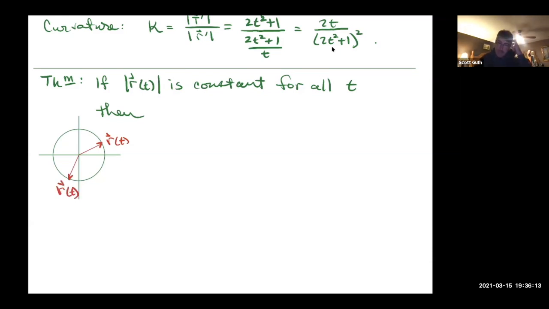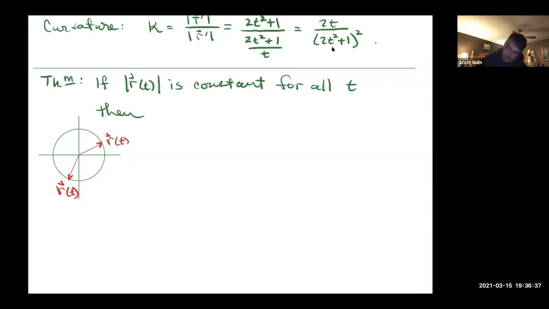The magnitude is the radius of the circle, and so what we're just saying is the distance from the origin is a fixed length, and that's just the definition of a circle or a sphere. Now, I'm not saying if you're on a sphere, the curve is the sphere. It's just that your curve is embedded in the sphere.